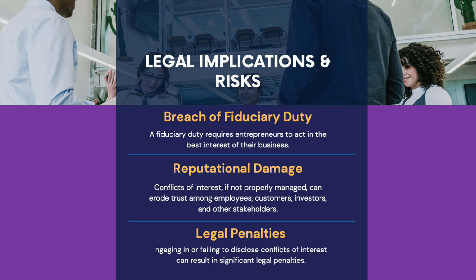Now, a fiduciary duty requires entrepreneurs to act in the best interest of their business. So when conflict of interest leads to decisions that prioritize personal gain over the company's well-being, then this duty is breached. So as an entrepreneur, you're responsible for your business and also responsible for your employees.